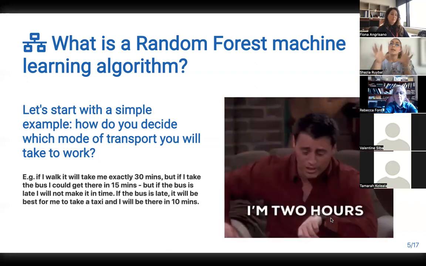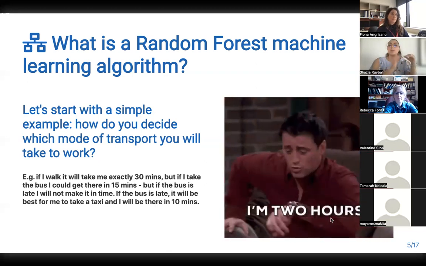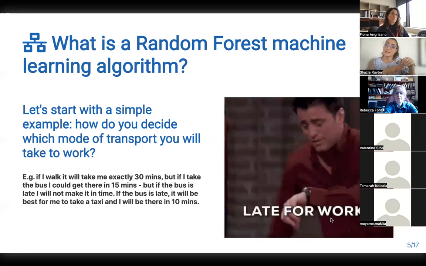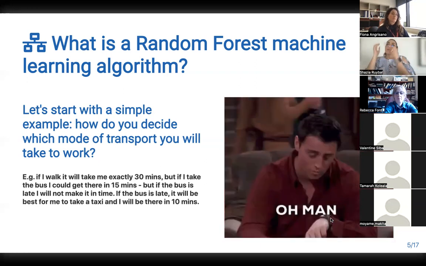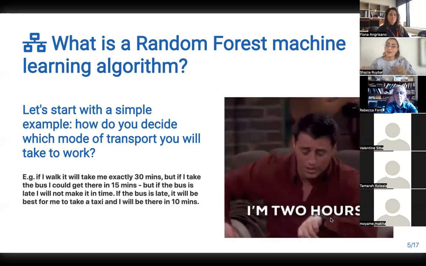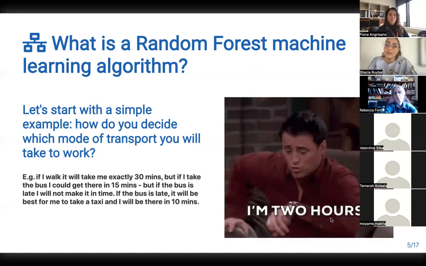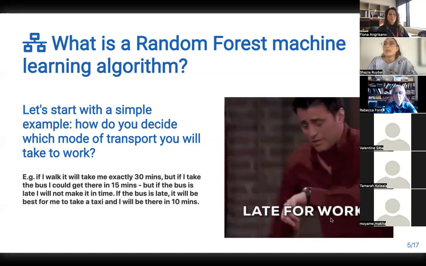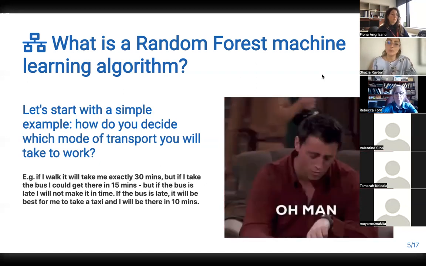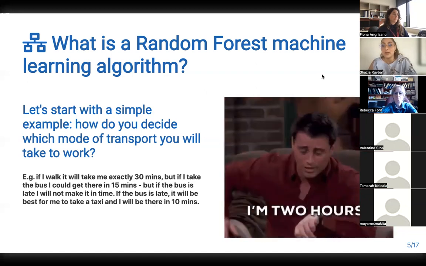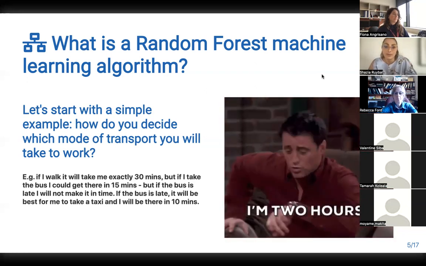And so then if the bus is late, maybe it's best for me to take a taxi. And then I know that I'll be there in 10 minutes. But then if there's traffic, and that's kind of how you make these decision trees. And we do this all the time to make complex decisions at different points of our lives.